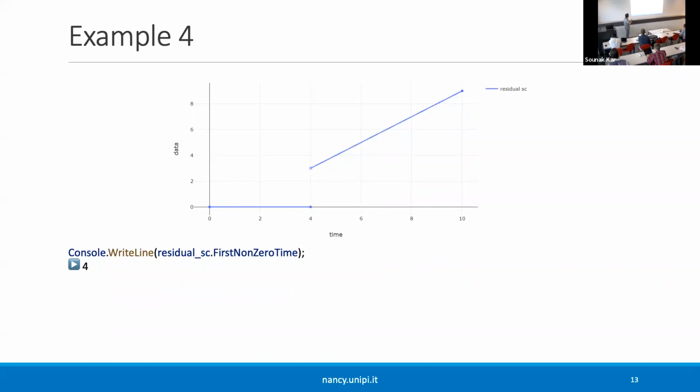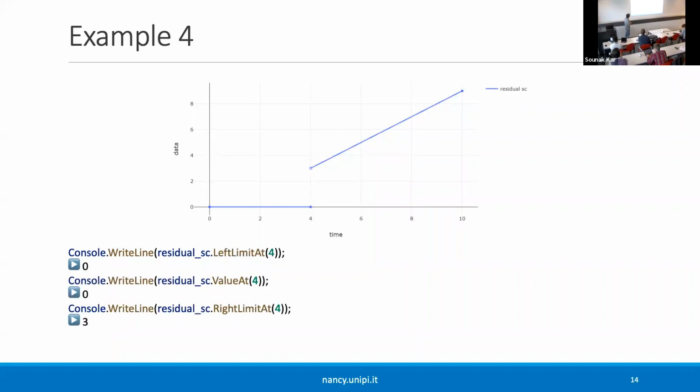We can also get what is the initial latency, since it's common for many curves in practice to have an initial latency. And then we can compute the value of the curve at or near a given point in time.